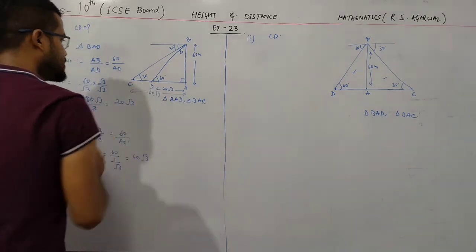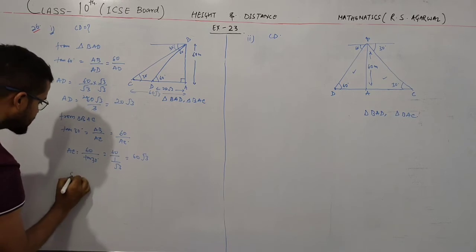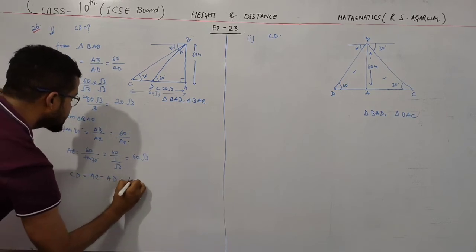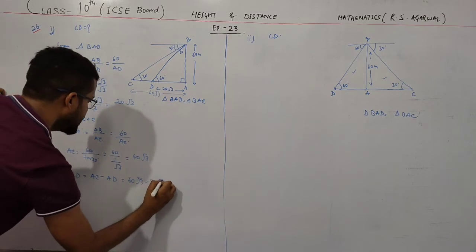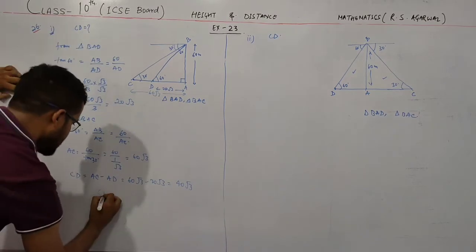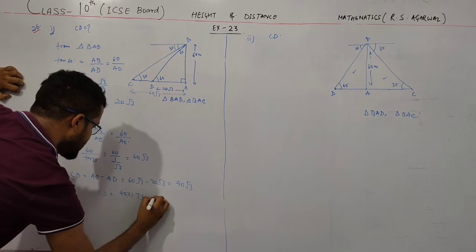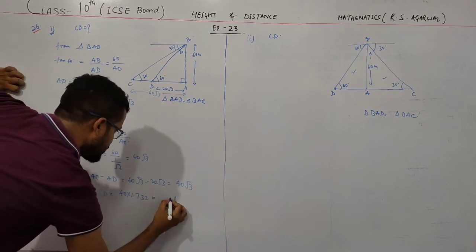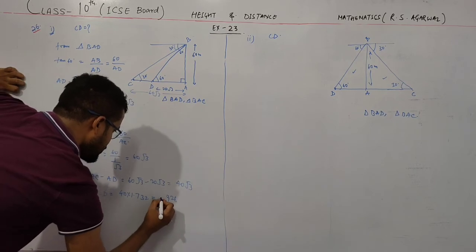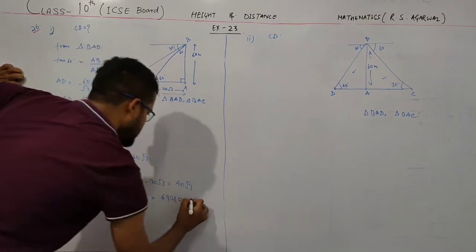We can easily get CD by taking the difference of AC and AD. So CD is equal to AC minus AD, which is 60 root 3 minus 20 root 3, which is 40 root 3, right? And this CD is equal to 40 into 1.732. 4 2s are 8, 4 3s are 12, 4 7s are 28, and 4 1s are 4. 69.280 meter.